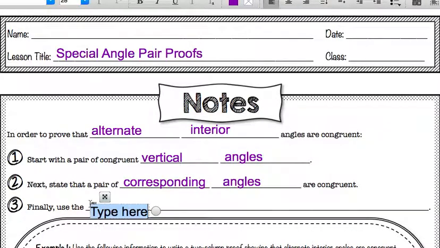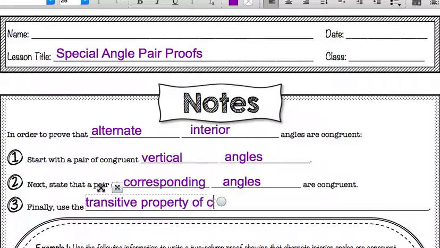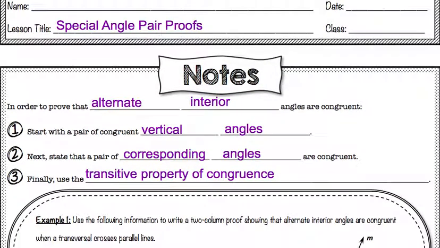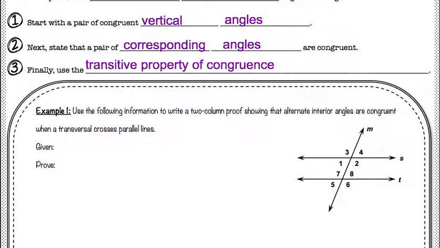And then you're going to use the transitive property of congruence. Just a little bit of background information: these steps probably don't make very much sense to you. They will make more sense when you actually do the proof. So let's go ahead and look at an example.